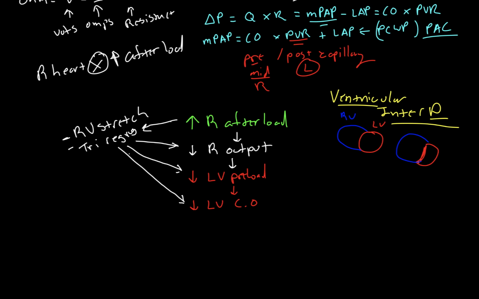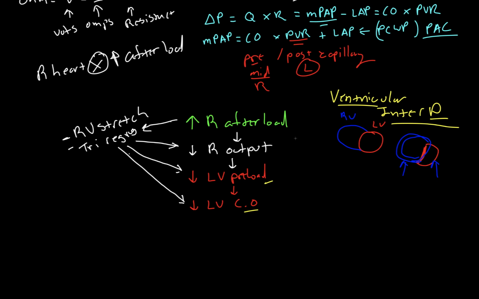This is a little exaggerated, but it's going to balloon out. So we're going to have less filling volume over here, and obviously stagnation here and increased stretch, and then increased regurg, like I said, because of our tricuspid and all that fun stuff. So what is that going to do? Our ventricular interdependence is going to decrease our LV preload, and it's also going to decrease our LV cardiac output, and there's not enough blood going back into it.